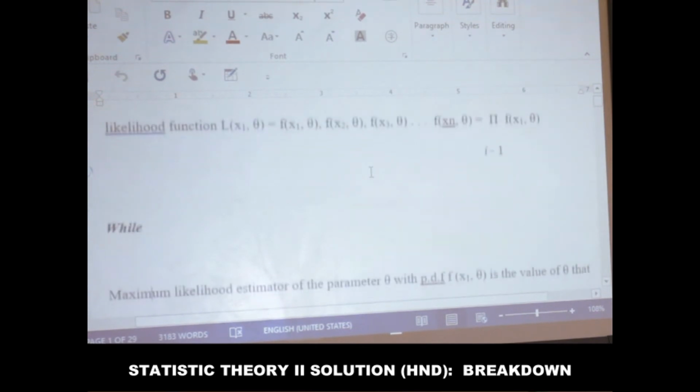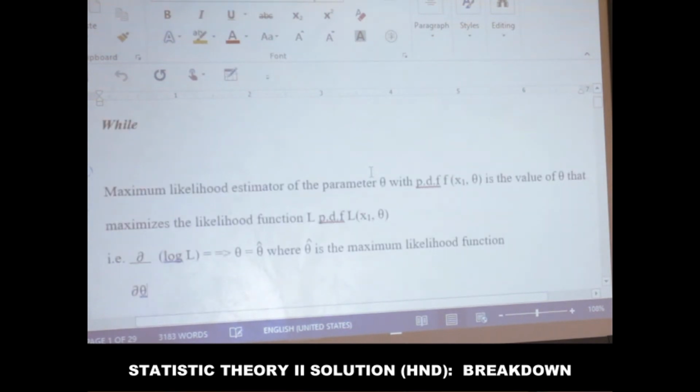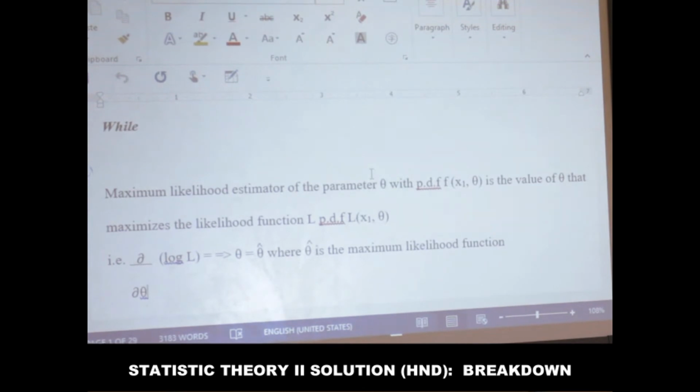The array product. While the maximum likelihood estimate of the parameter theta with PDF f(x1, theta) is the value of theta that maximizes the likelihood function. So the maximum likelihood estimator is the one that is maximizing the likelihood function.